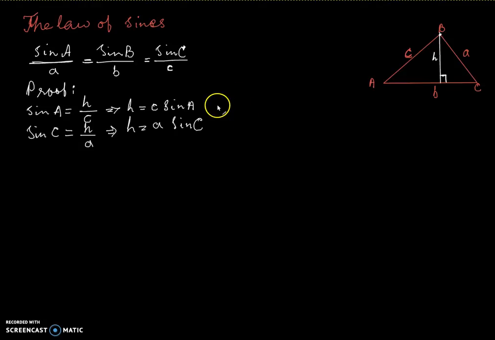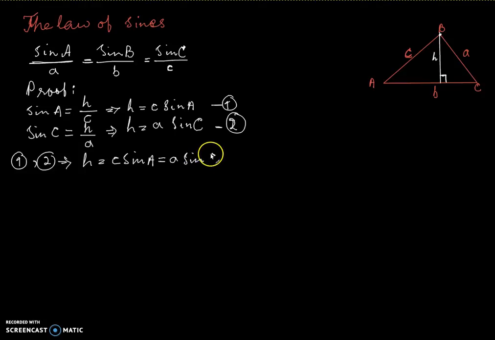So if I call this 1, and this 2, then 1 and 2 give H is equal to c sine A, which is equal to a sine C. And then according to this, you can basically deduce that sine A divided by a.